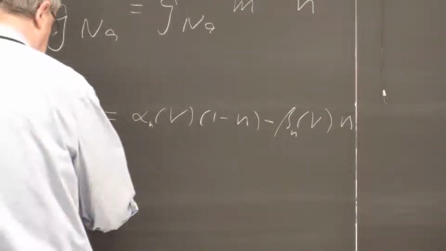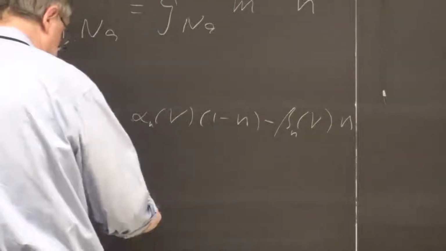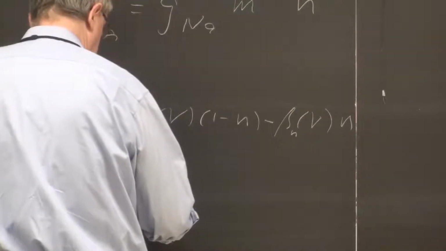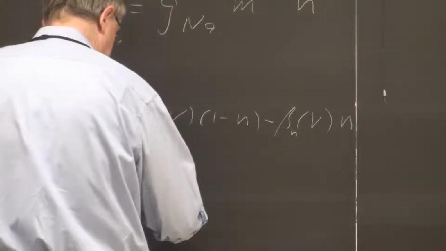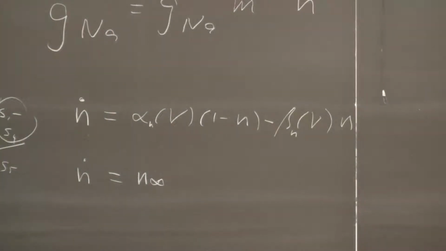And you can write this equation as n dot is equal to n infinity minus n over tau n.